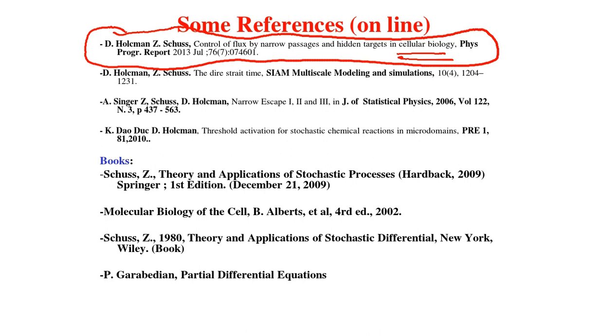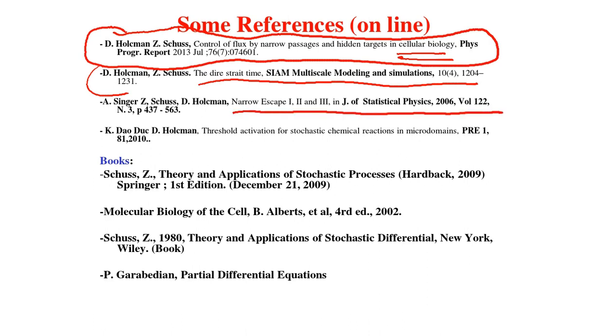This is a more specific article about Brownian motion in specific microdomains. The theory of narrow escape has been described in our early work of 2006. The threshold of activation for chemical reactions can be found in this publication with Kandaurova.